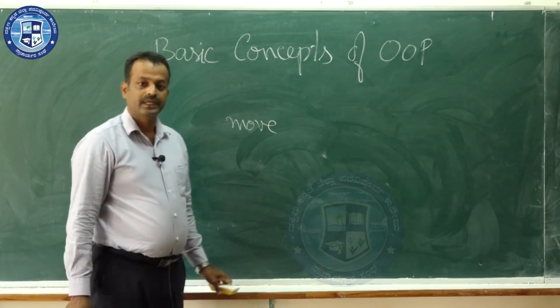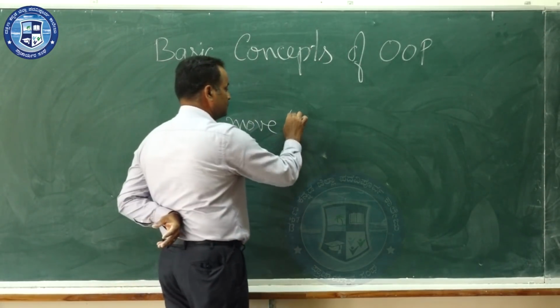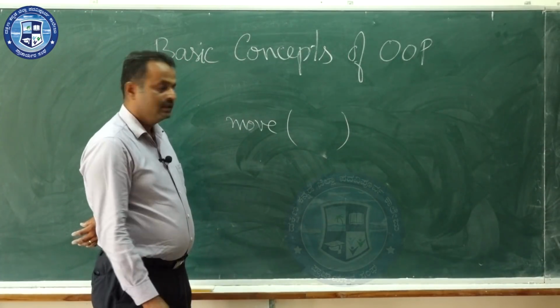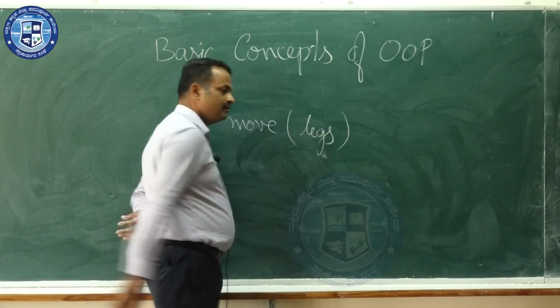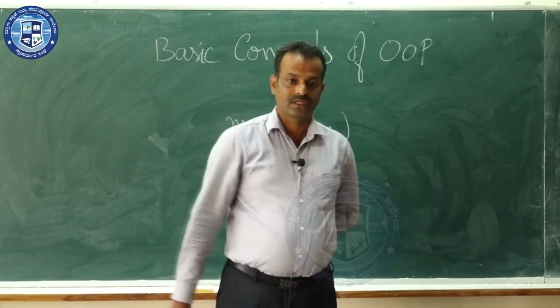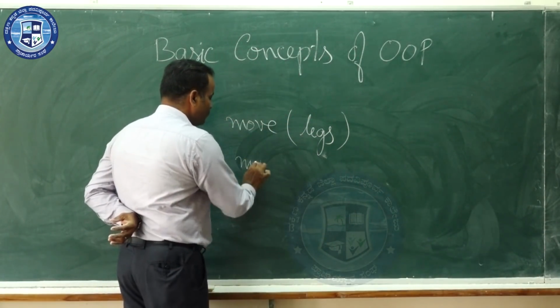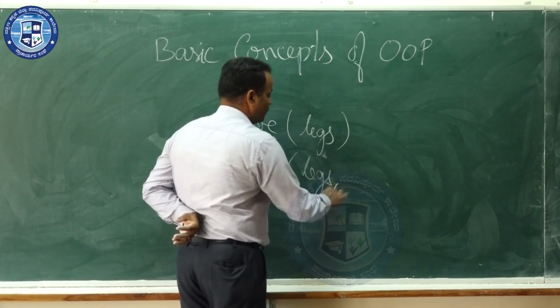Move function is defined for different types of arguments. Assume that I am giving legs to the move function. Then, for example, move with legs, comma, wings.